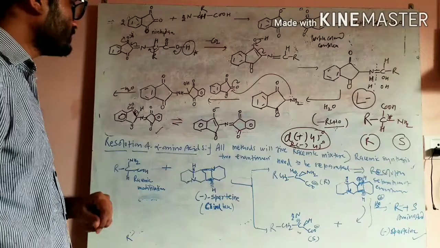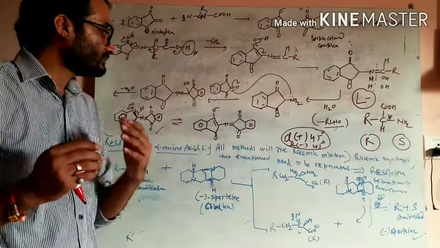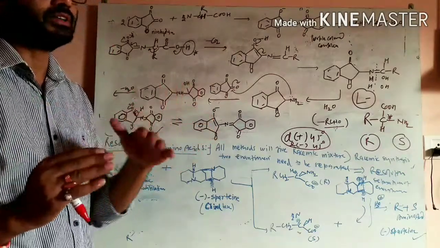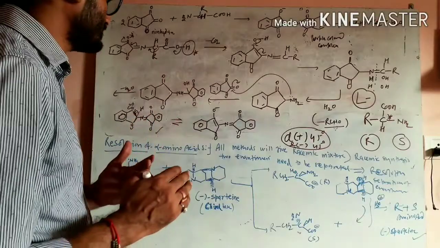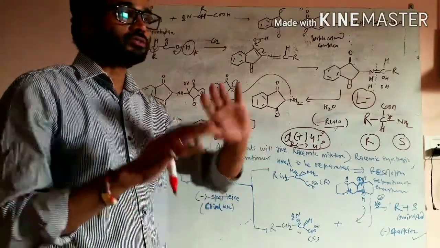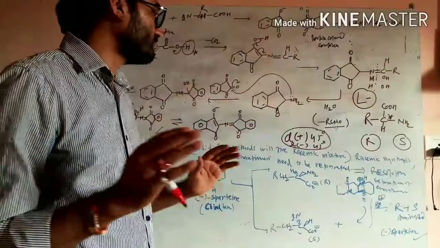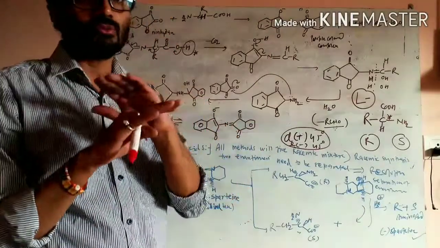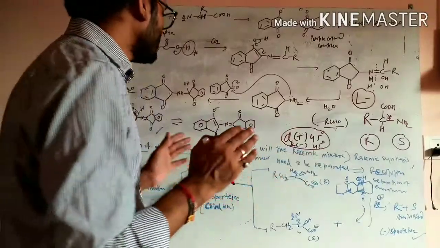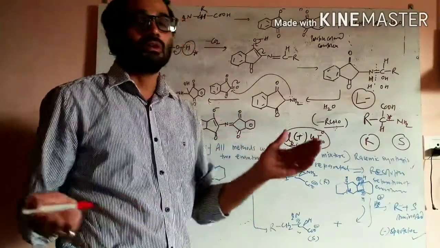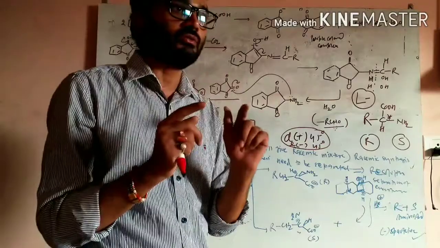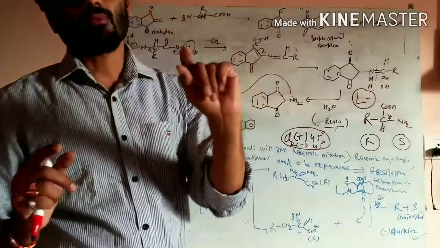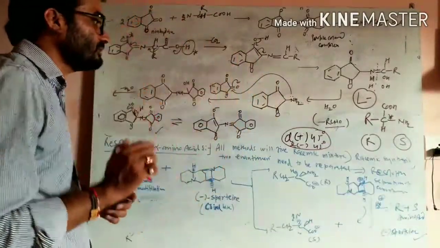What are the methods of separation? There are lots of methods, and the process is known as resolution. The separation of enantiomers from a racemic mixture is called resolution.